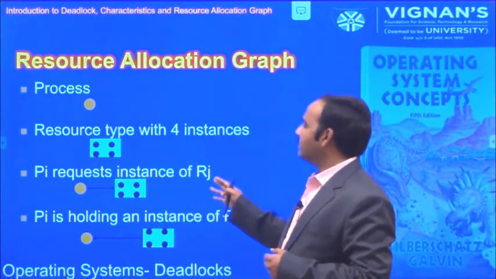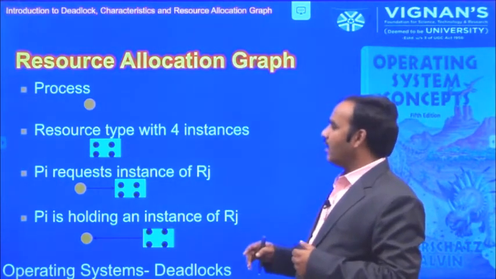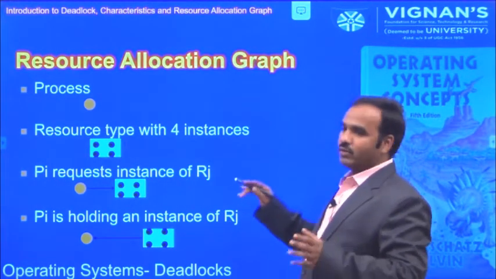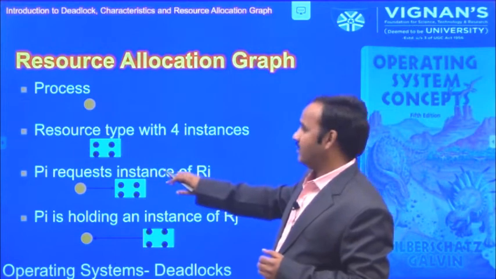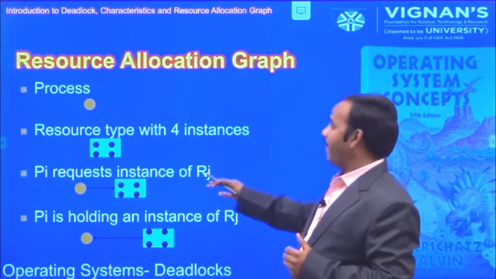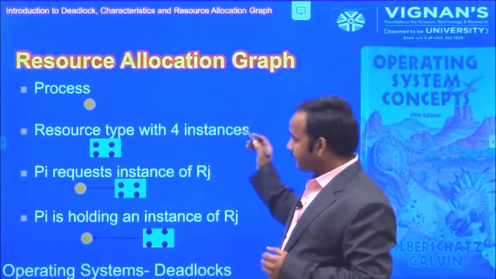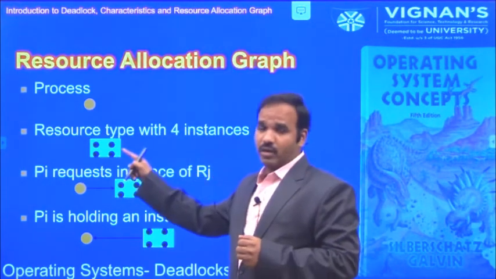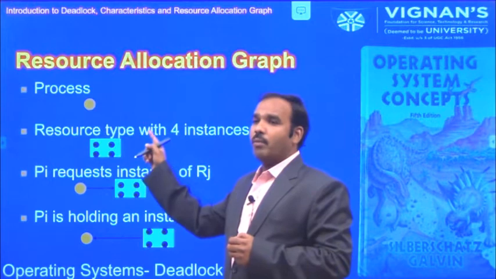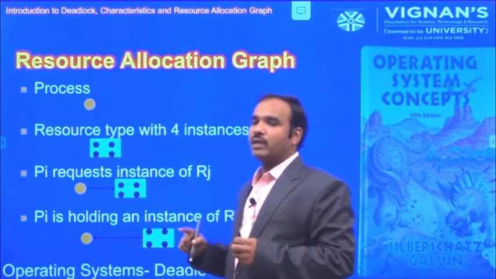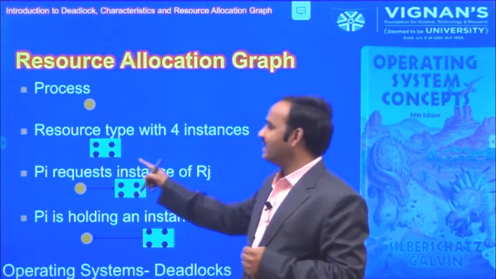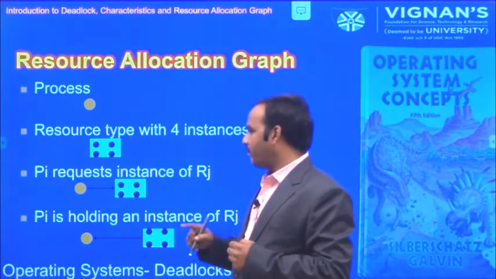Pi requests an instance of Rj. Finally, what you have to understand from this slide is that processes are represented using circles, and resource types are represented using boxes with dots. Each dot represents an instance of that resource type.